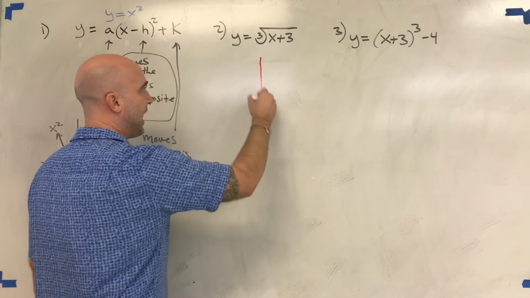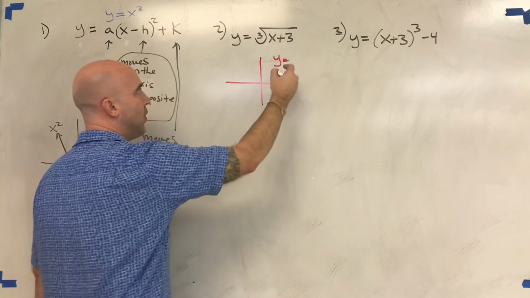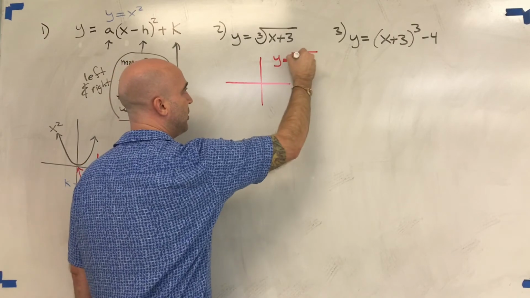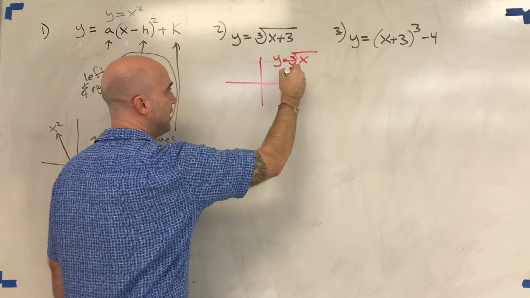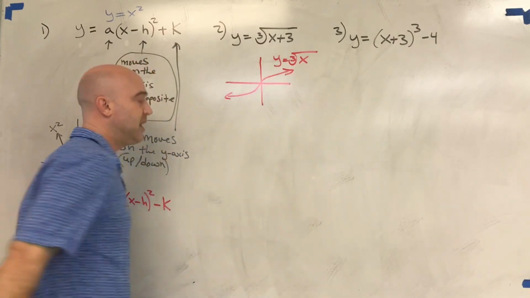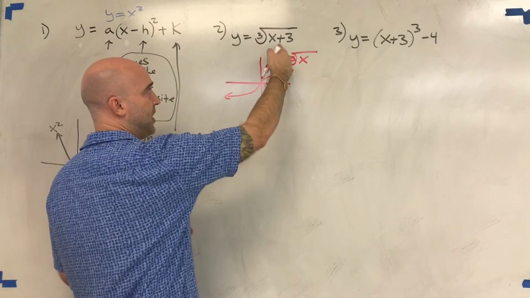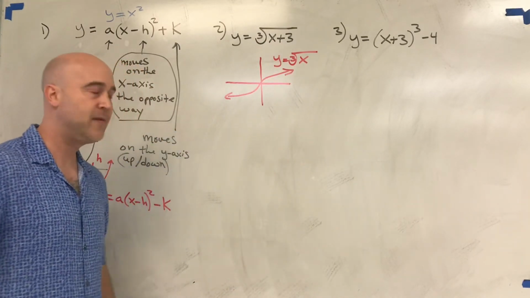All right, so let's actually try to do some of these now. I like starting out with the parent function. So the parent function here, hopefully you can identify, is y equals the cube root of x. So that would look something like that for the cube root of x. And then, do you remember what I said about that plus 3? What action's going to happen there?